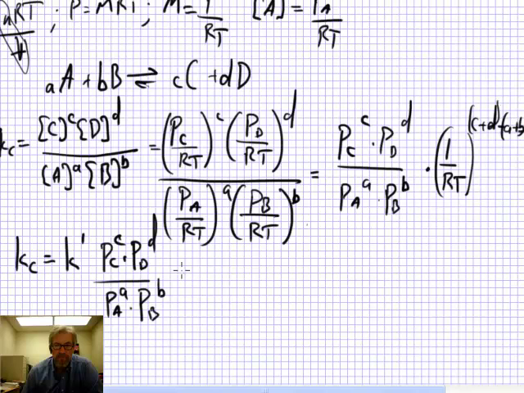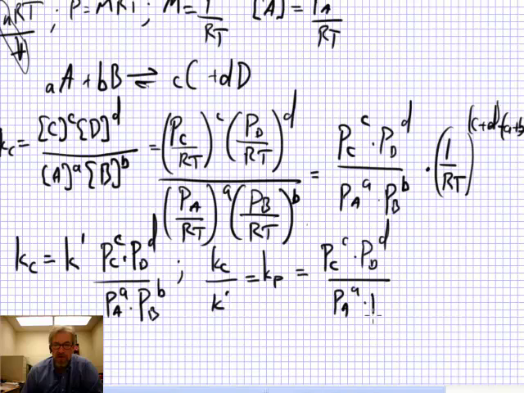So if we take Kc and divide by this K prime, we get a different constant. Let's call it Kp for pressure, and it's equal to Pc to the c times Pd to the d over Pa raised to the a power times Pb raised to the b power.